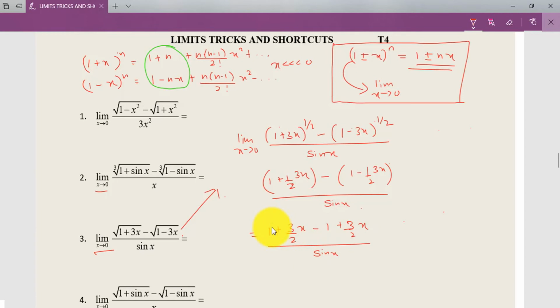Now the 1 and 1 get cancelled, so 3/2 plus 3/2 is 6/2, that is 3x divided by sin x, and x tends to 0. By the standard formula, limit of x tends to 0 of x divided by sin x is also 1, so this will give me the answer 3.